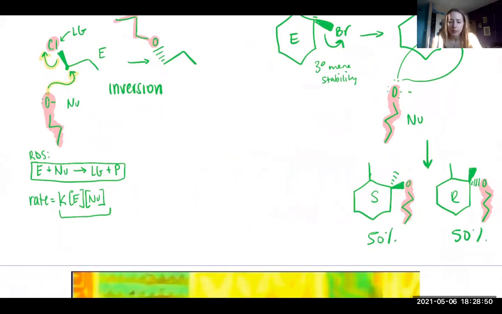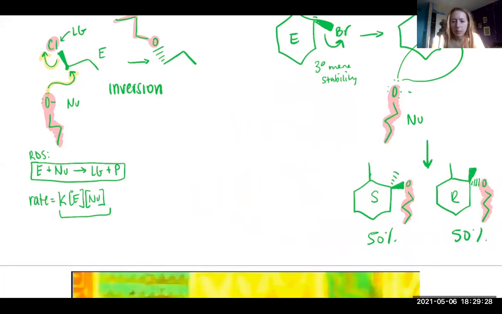Okay, so let's answer some questions. Does the nucleophile that attacks the alkyl halide always go in the opposite conformation of the alkyl halide? So I'm not sure what you mean.